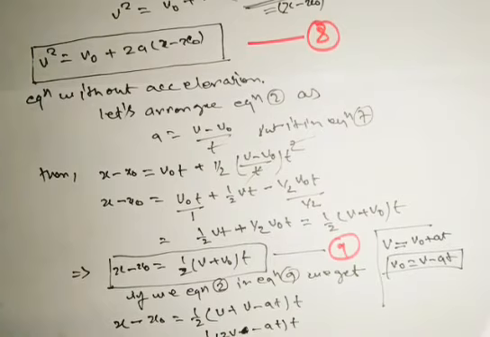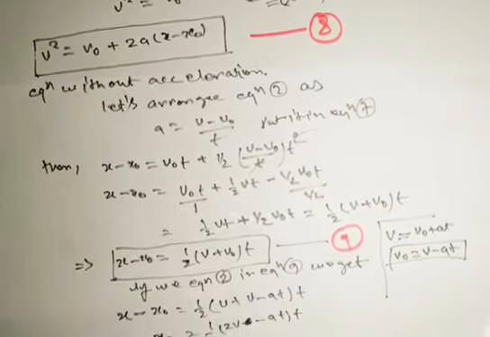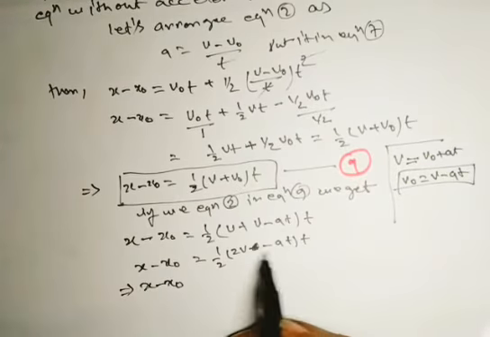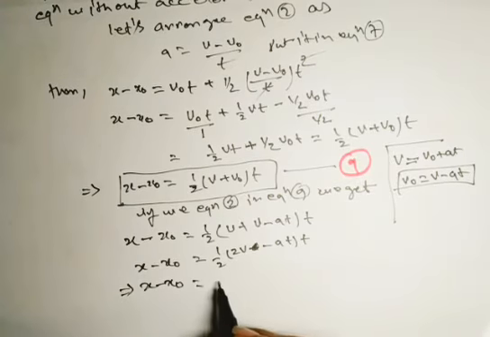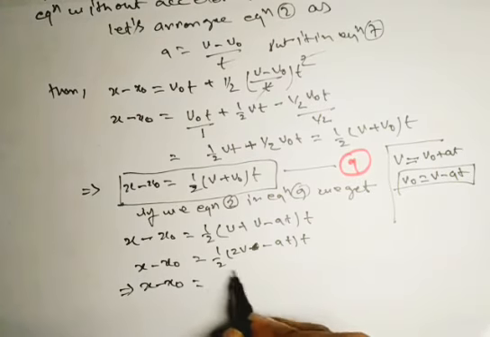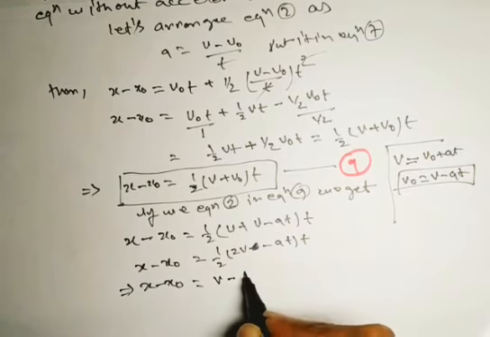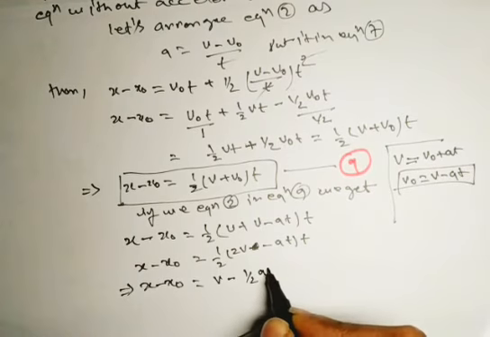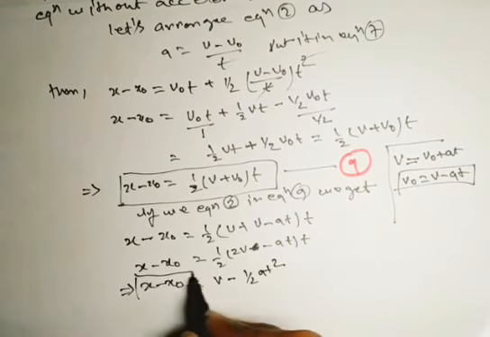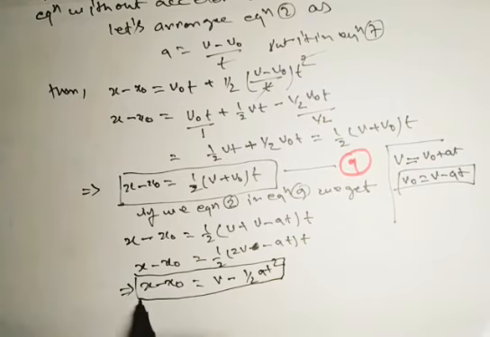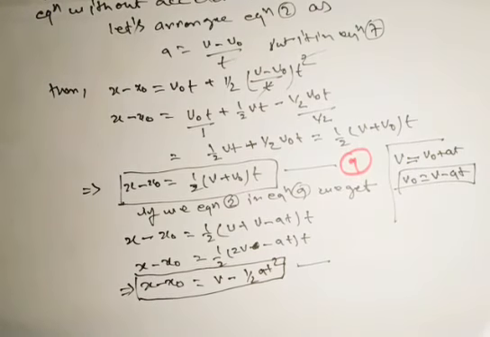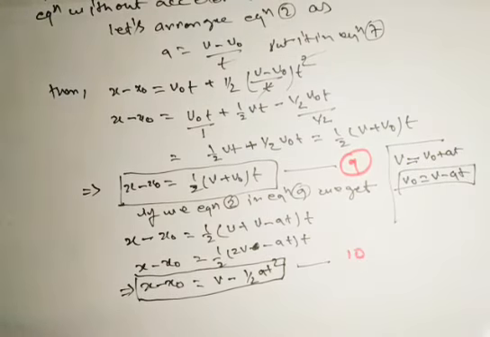Then it will become x minus x naught equal to vt minus half at square, which is also an important equation. Let's put it as equation 10.